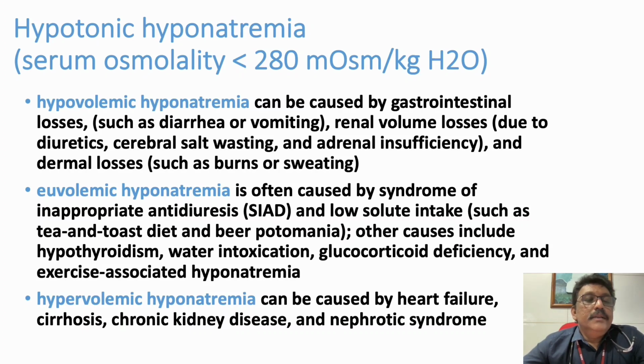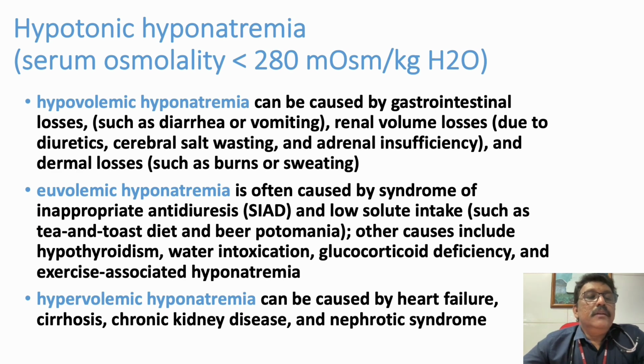In that we have already seen three important things: hypovolemic hyponatremia, euvolemic hyponatremia, hypervolemic hyponatremia. In that we can leave hypervolemic hyponatremia, because in hypervolemic hyponatremia we are not targeting the sodium, we are only targeting the volume. We have to reduce the volume, that will make the sodium levels normal.